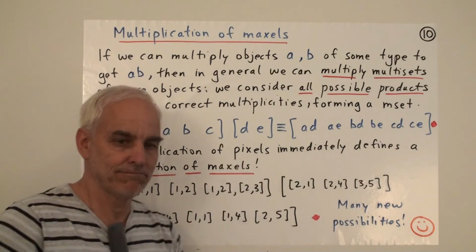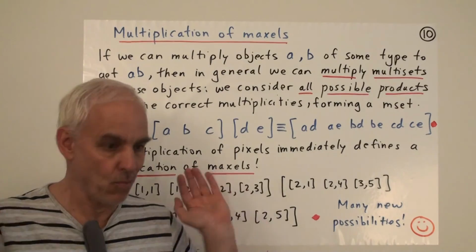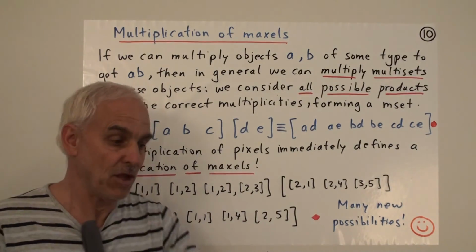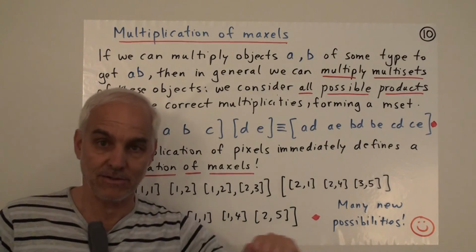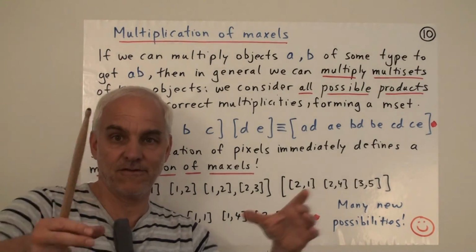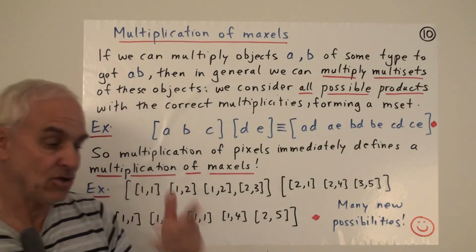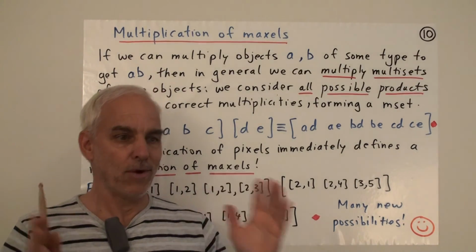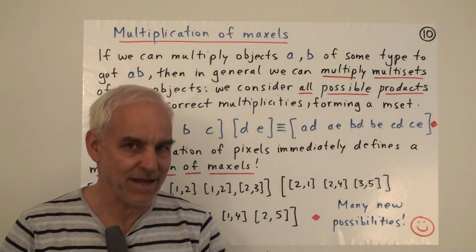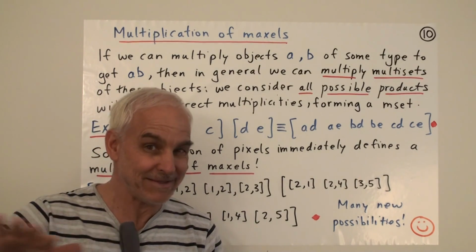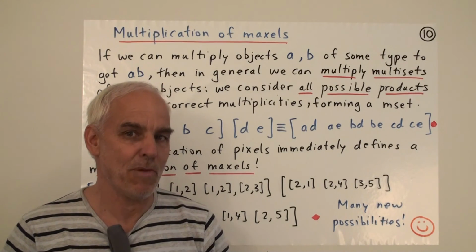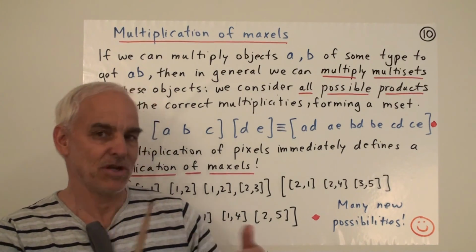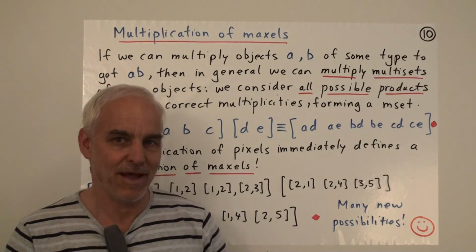Any maxel times any other maxel, we can multiply them. We can do multiplication uniformly across the board with these maxels. It's not a selective multiplication as you learn in traditional linear algebra. So reorientation will be partially necessary. I want you to forget a little bit, just a little bit, about what you know about regular matrix multiplication, at least just temporarily. Eventually we'll come back and connect with that.